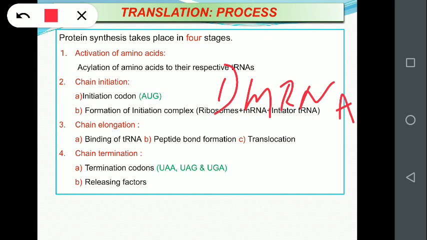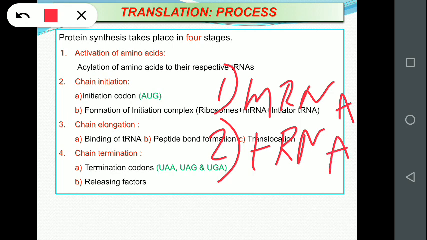Then the tRNA is also very important, because the tRNA is the adapter molecule which reads the codons in mRNA and specifies amino acids in the polypeptide chain. This is the real translator that recognizes both the languages. It recognizes the nucleotide sequence with one end and it recognizes the specific amino acid with the other end.